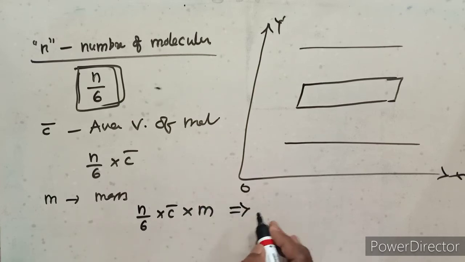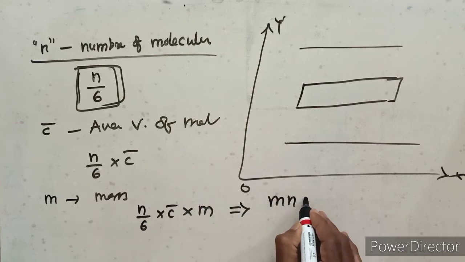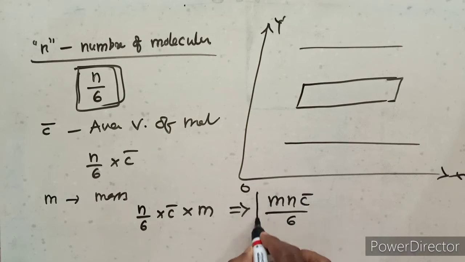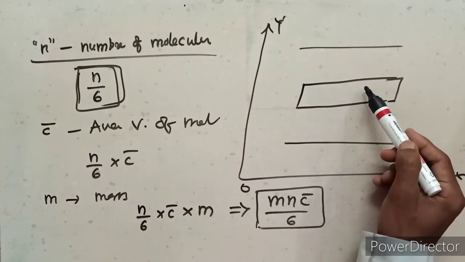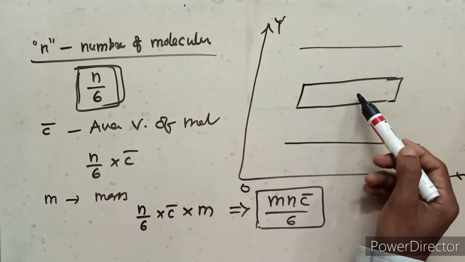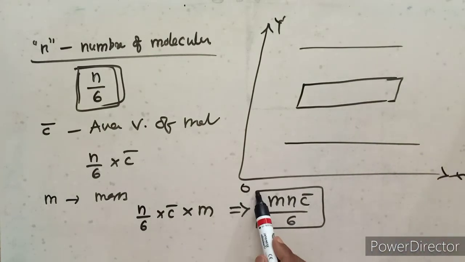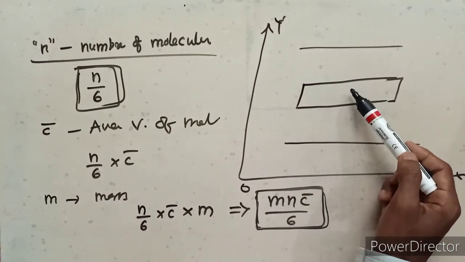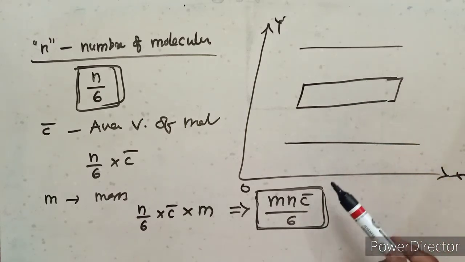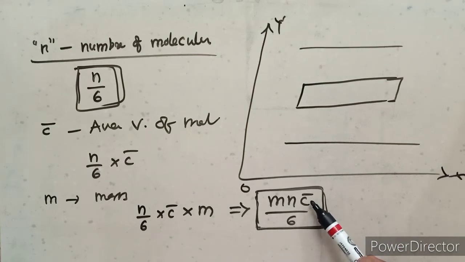So totally m n c bar upon 6. This is the n number of molecules moving downwards and upwards with average velocity c bar, with mass m.